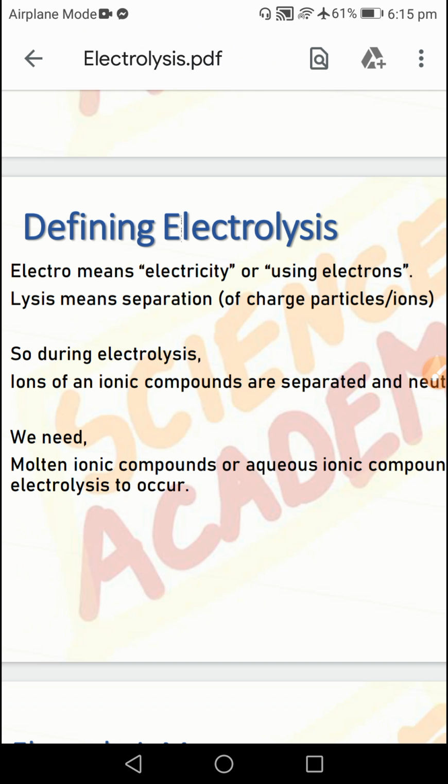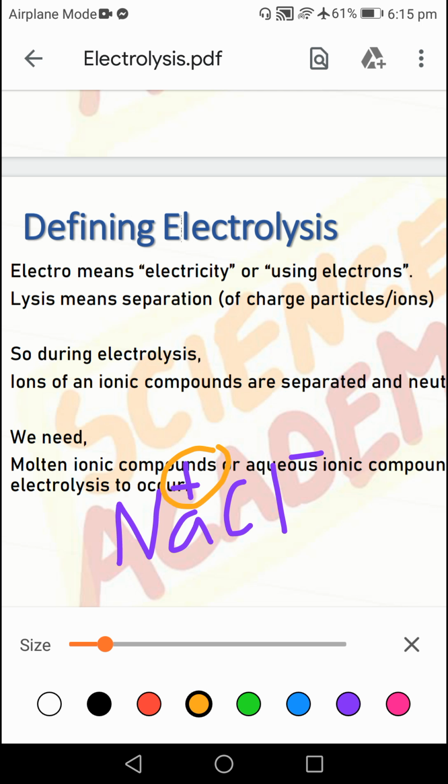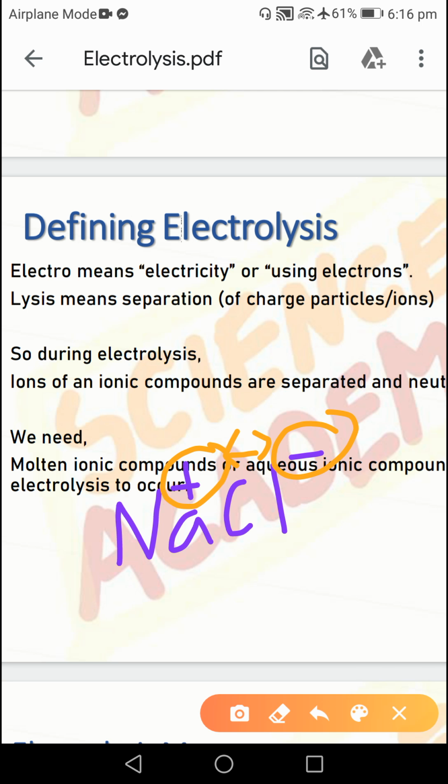So what do you actually do during electrolysis? For example, you have sodium and chlorine combined together. Why? Because sodium has a positive charge and chlorine has a negative charge, so they attract each other by means of a strong electrostatic force of attraction.